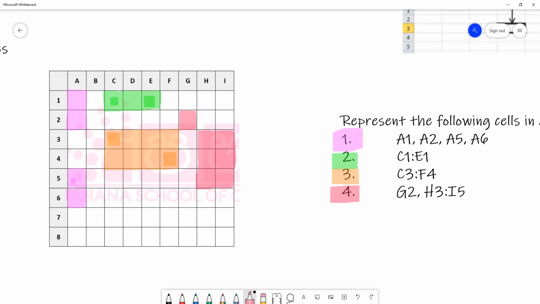Now, we know what a cell is, and we know how to get cell ranges. The next thing that we want to do is look at what kind of data we can actually have in spreadsheets. So that's exactly what we are going to look at.